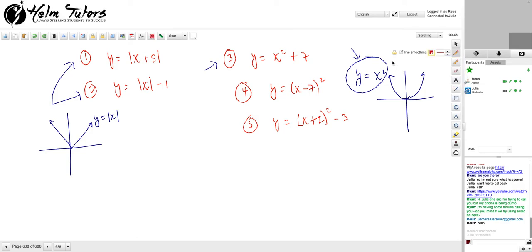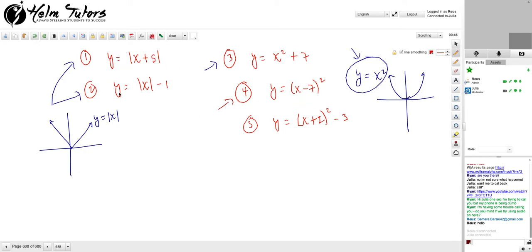Up how much? Yeah, up 7, literally. And if it was minus 7, it would be down 7. What about in 4? The point, kiddo, is just like 1, it's inside.